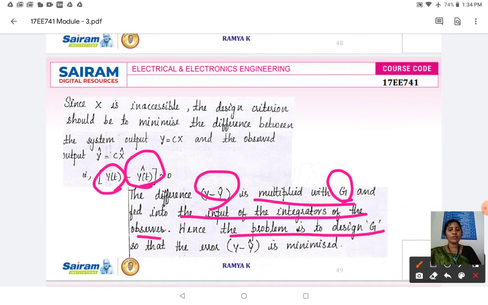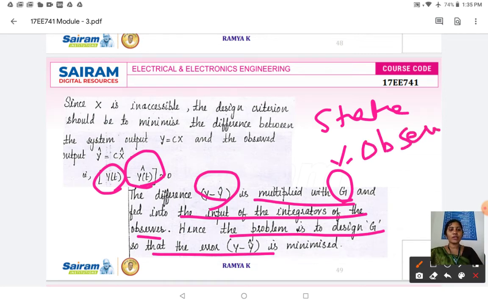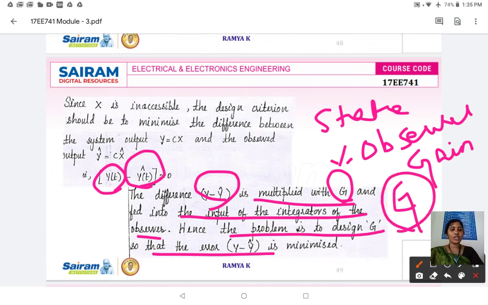Hence the problem is to design G. So G is nothing but your state observer gain. So in this complete set of topics that we are going to cover, we are going to focus on state observer gain, the design of state observer gain. The state observer gain is denoted by G.